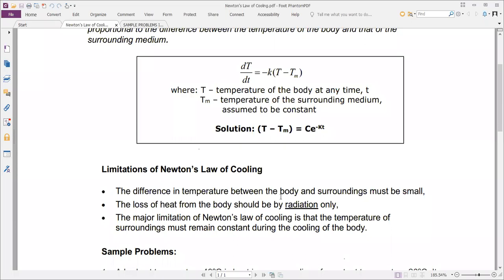So the surrounding medium temperature should be a constant, as written in the third bullet. And then the loss of heat here is purely by means of radiation. So we don't have convective heat transfer, and we don't have conductive heat transfer.